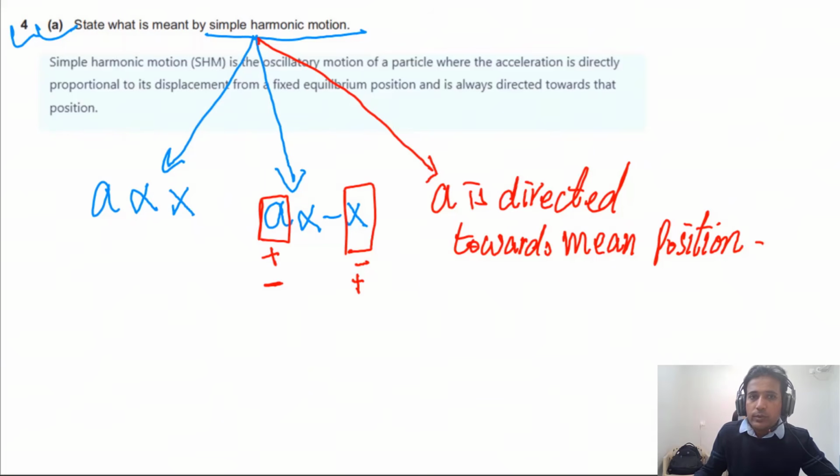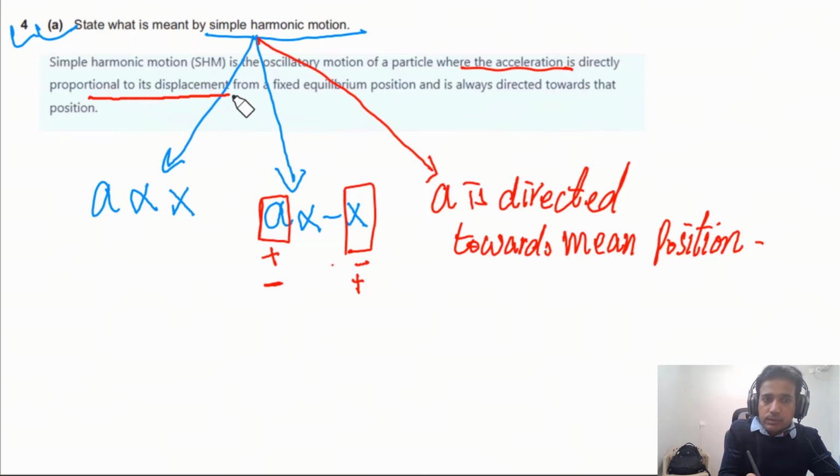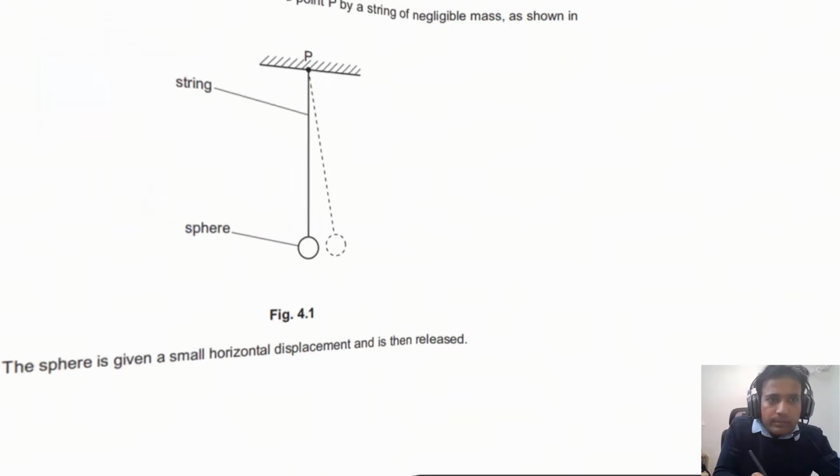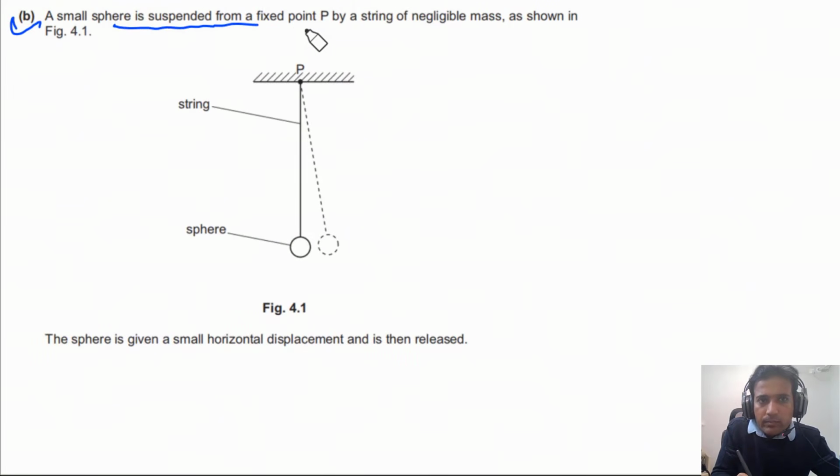In the answer, you can mention: a particle where the acceleration is directly proportional to its displacement from the fixed equilibrium position and is always directed towards that position.